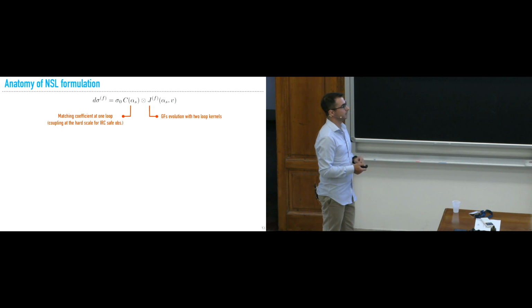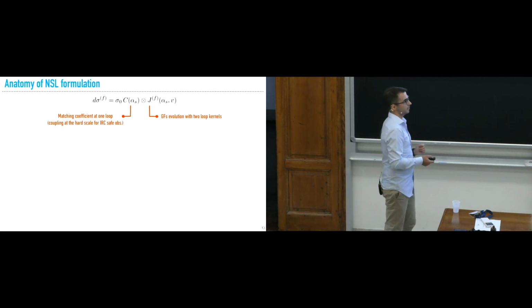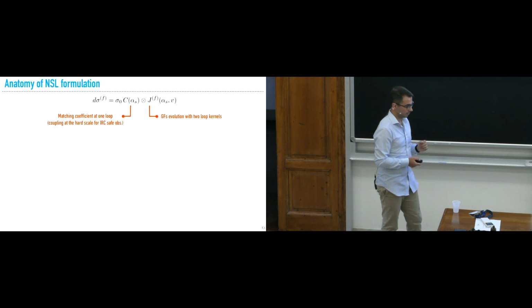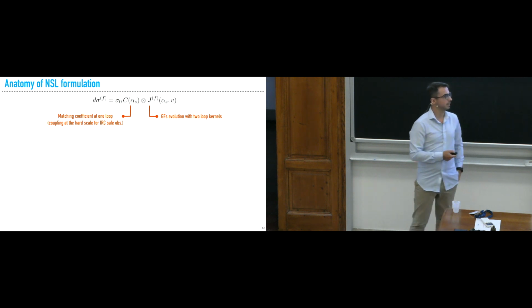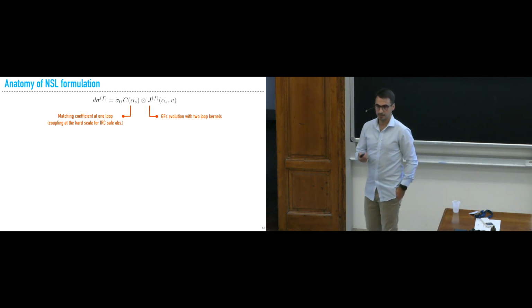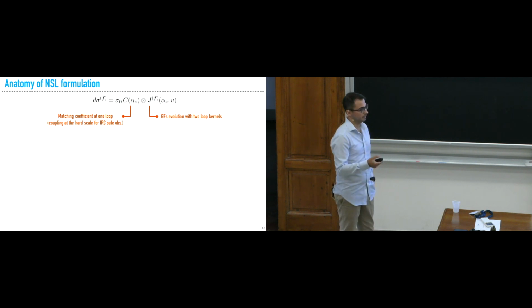So let's see how to do that. We'll look at the master formula that I wrote before. There is an easy piece and a less easy piece. The easy piece is this matching coefficient, say, that I consider at 3 levels, so in the trivial order at single log. Now it needs to be calculated at the 1-loop level. So this is something that is obtained by matching whatever the generating functional gives you to full QCD.